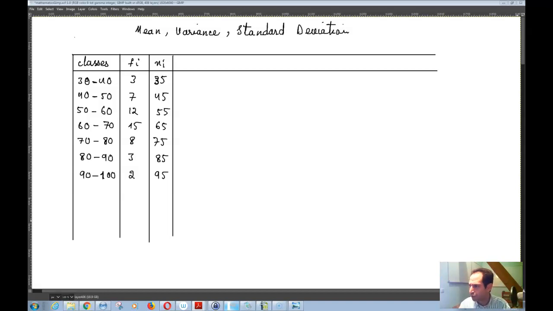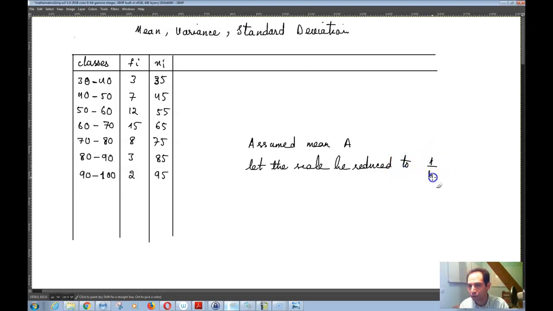So over here what we said was that if you have these x of i's and the values of your data are not very straightforward, what you can do is take an assumed mean, for example capital A, and let the scale be reduced to 1 by h, h being the class width.